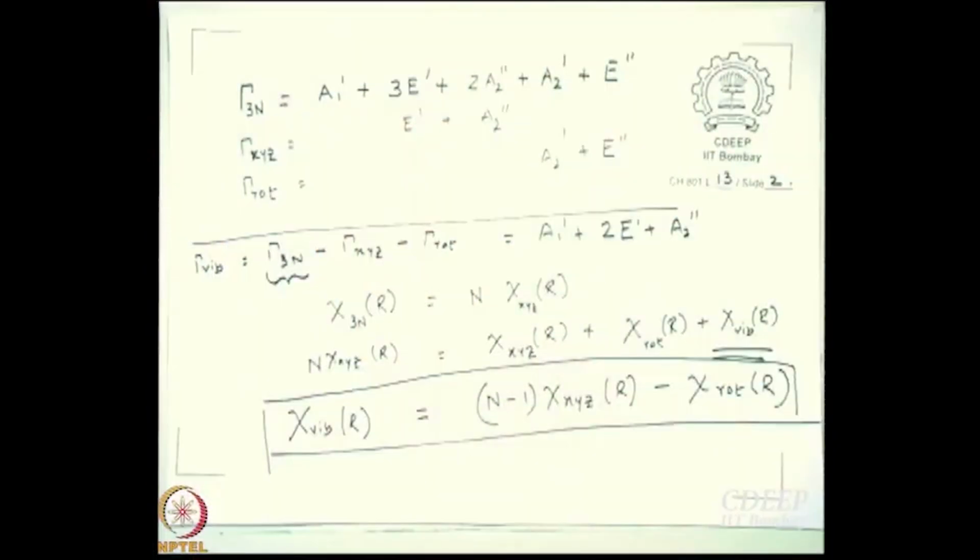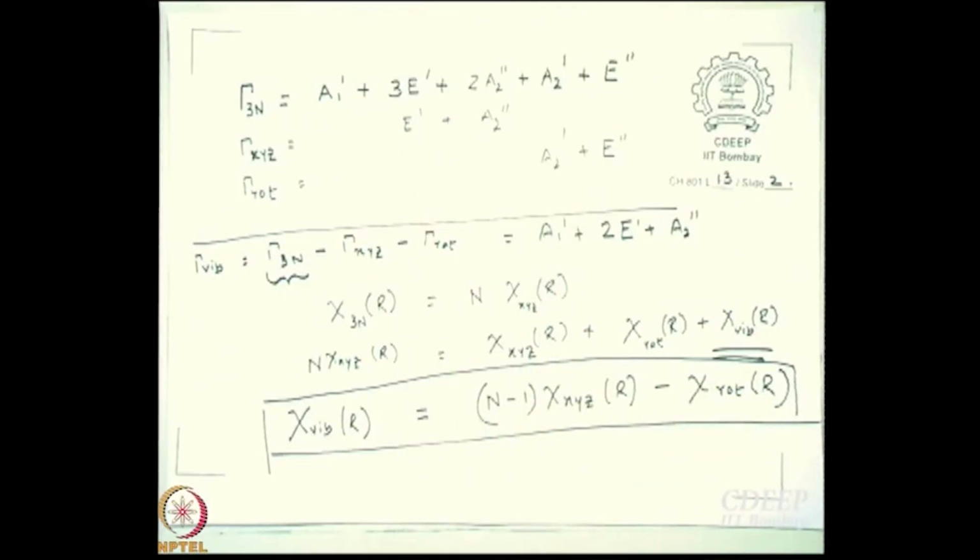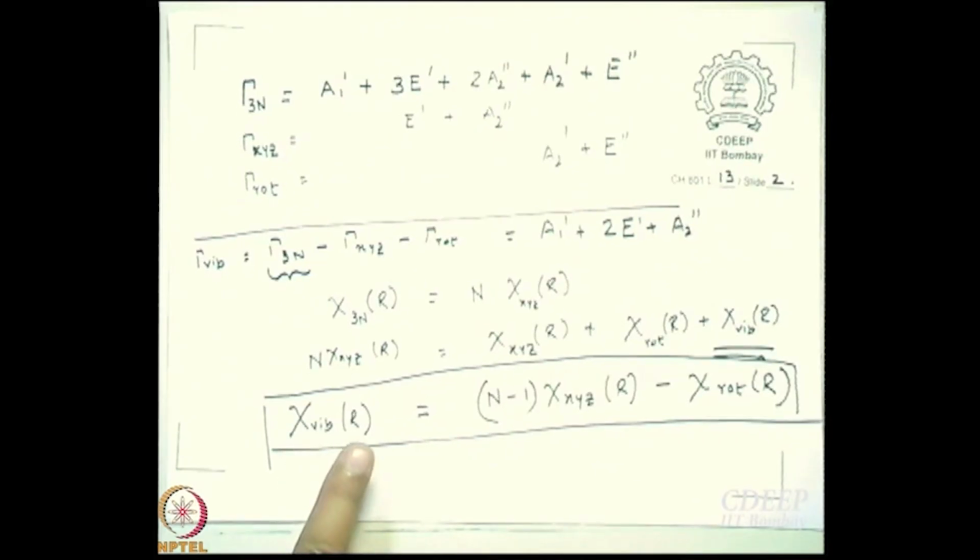So you can work out what is gamma vib. Work out what is gamma vib then. You already worked out, right? So just check whether you get the same answer by this or not. So you should get the same thing. So basically what we are saying is that first work out these chi vibs, generate gamma vib from there, and then using your ai equal to 1 by h sum over r chi r data, chi r formula, decompose it into constituent irreducible representations.